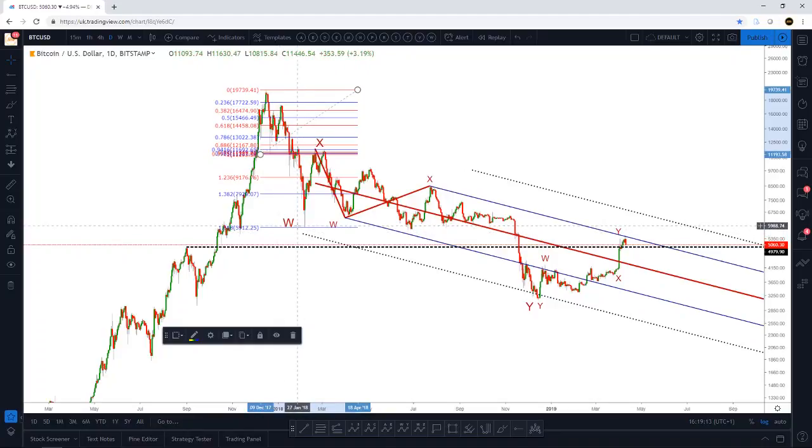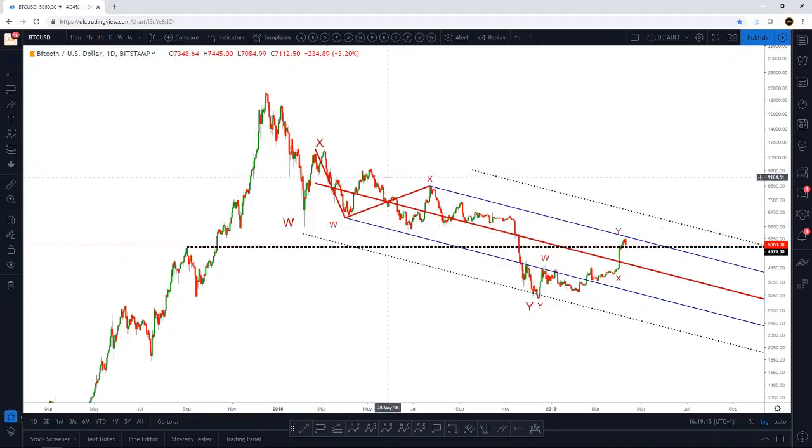Then if we look at the same situation for this minor W and try to use that wave to determine where Y will finish, this minor Y here, we can use the same technique.